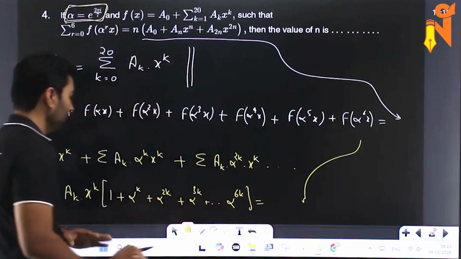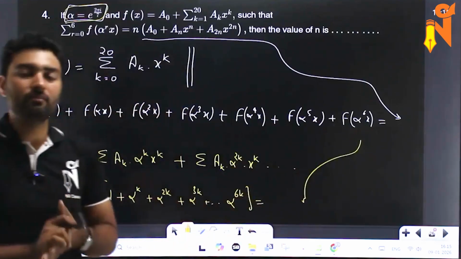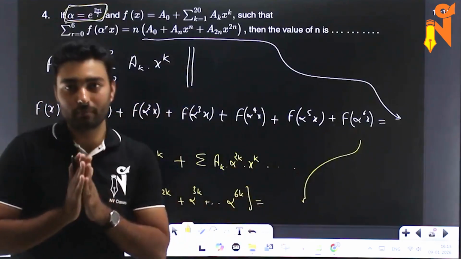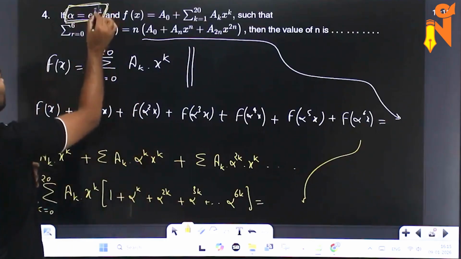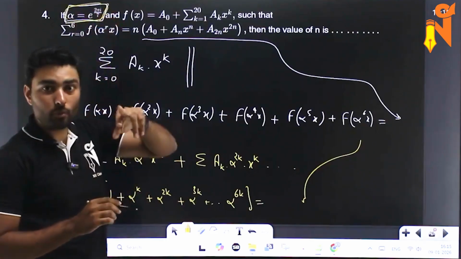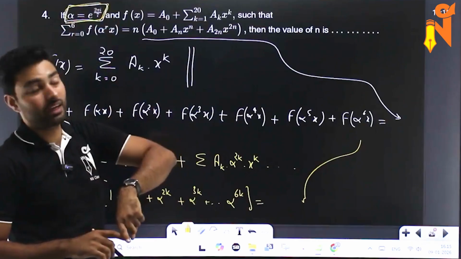Don't write. Okay, don't write. Now here we will use the property of complex number. Okay, the property is alpha is this. Okay, focus here, 2 pi by 7.